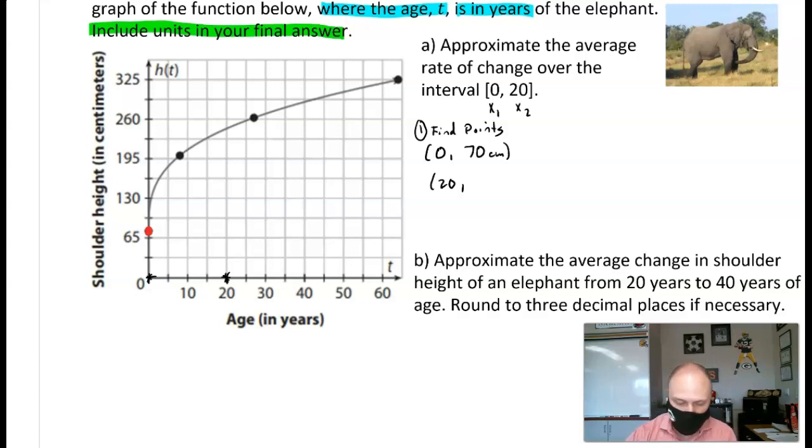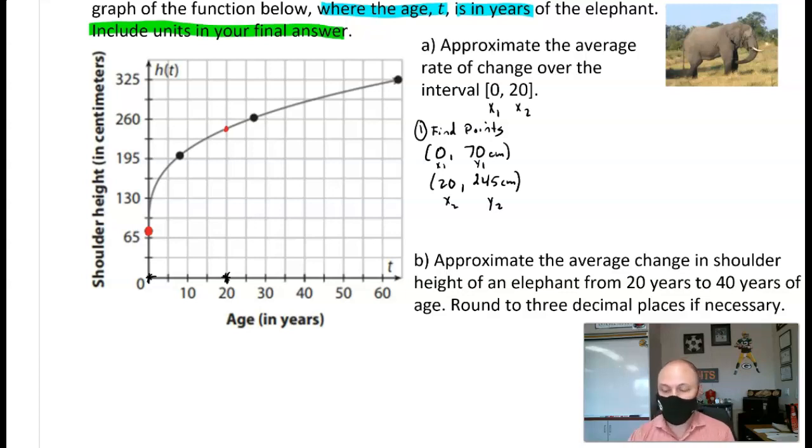Then at 20, the point is right here, and I'll say 245. This is x1, so this must be y1, the y value at that x value. Then this is x2, so the corresponding y value will be y2.